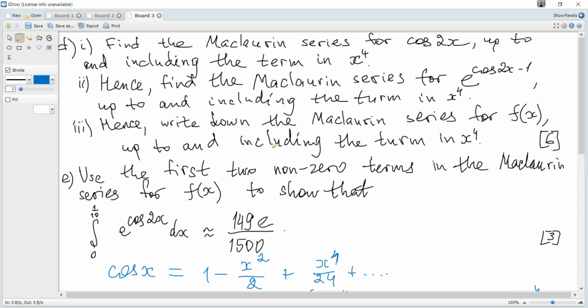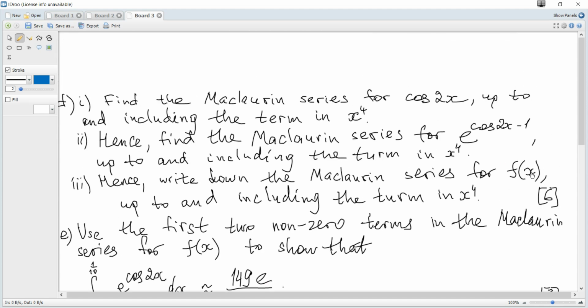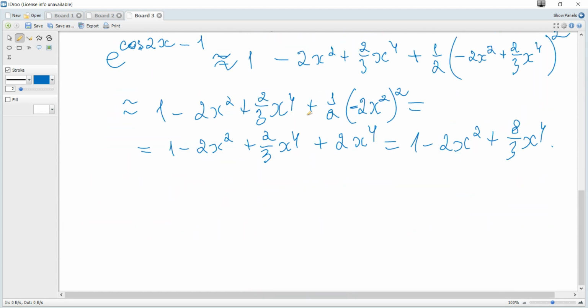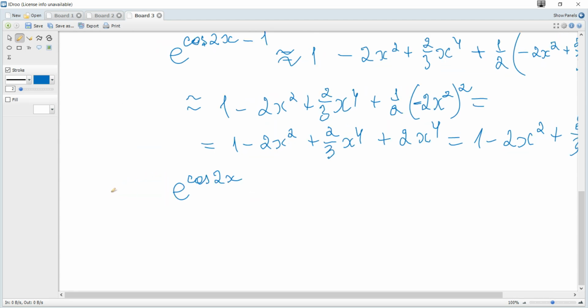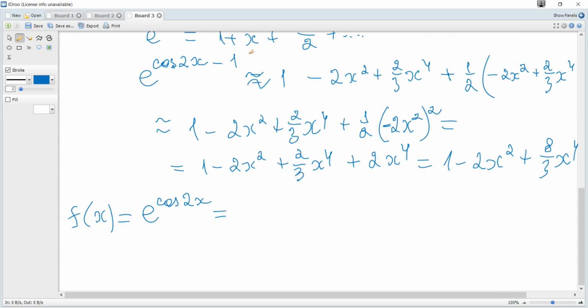Yes, hence write down the Maclaurin series for f of x. What is f of x? f of x is just e to the power of cosine of 2x. How is it related to this? You can see that it's e to cosine of 2x divided by e.